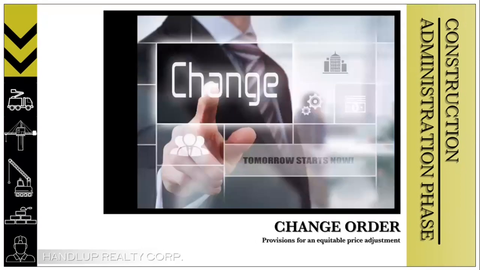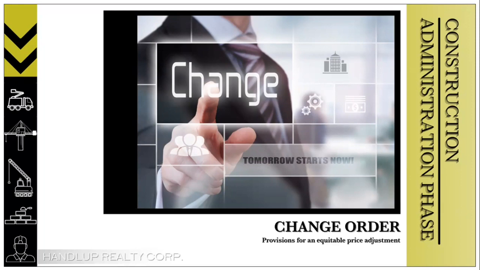So the fifth one is the change order. As the developer, we have to consider the change order during the construction project, because sometimes changes happen, and the contract between us and the contractor recognizes this fact and includes provisions for the developer's right to order change, and the contractor's obligation to accept the change order in return for an equitable price adjustment.